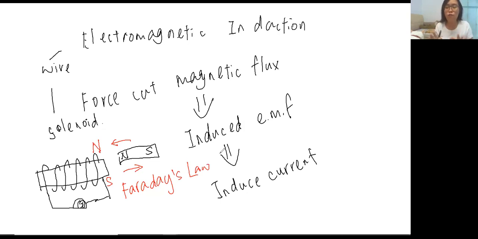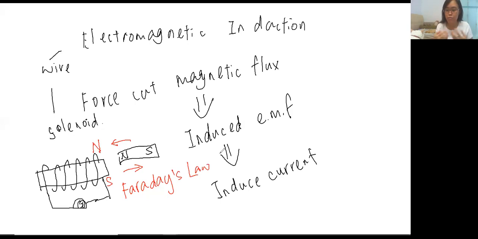There are a few factors affecting the rate of change of the magnetic flux. One of them is what? Anyone can tell me? In a wire or in a solenoid, the factor to increase the rate of cutting of the magnetic flux can be the number of turns of the coil.